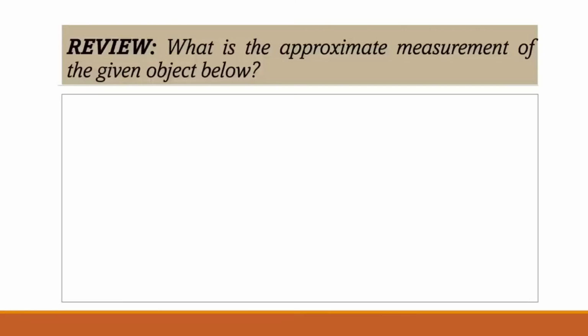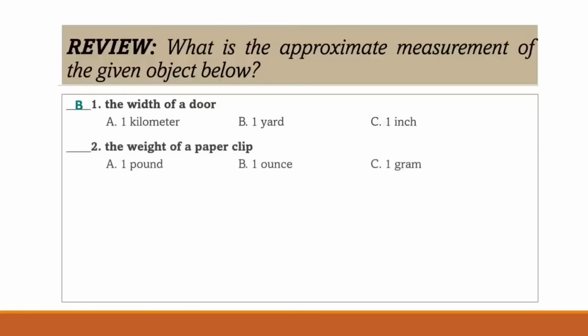I will be showing you some objects and we are going to approximate the measurement of each. For number 1, what is the approximate measurement of the width of a door? So the answer is B, 1 yard. How about the weight of a paper clip? So its weight is approximately 1 gram.